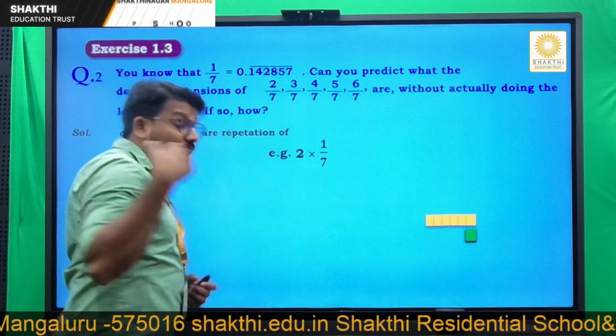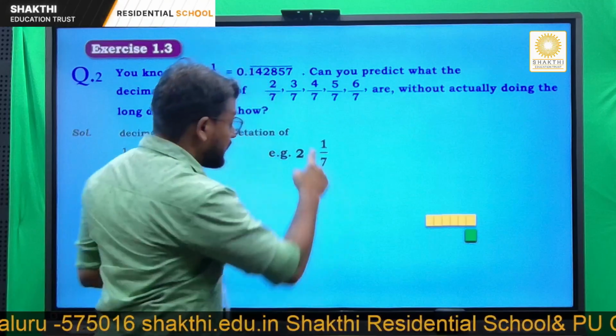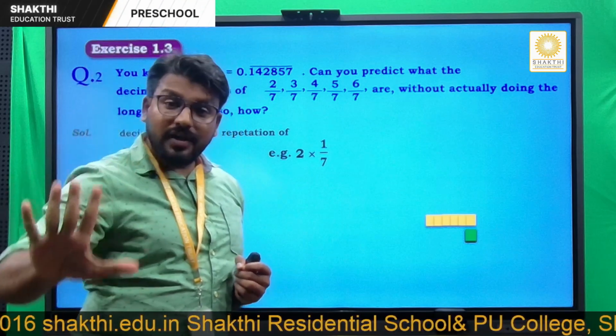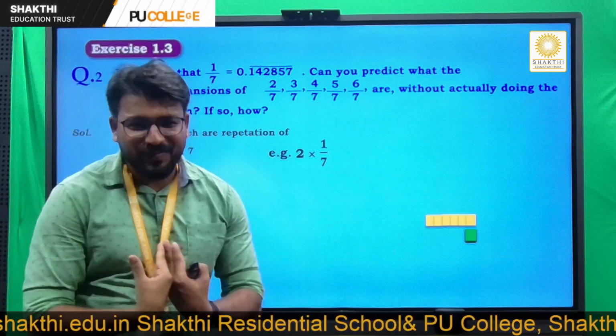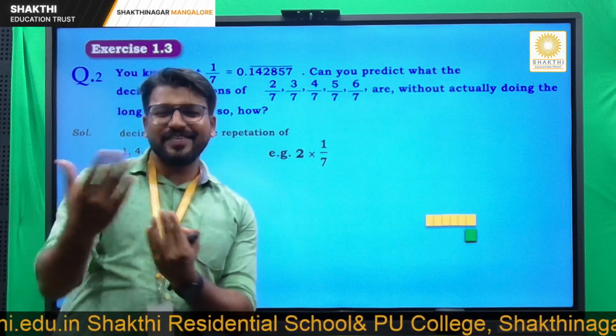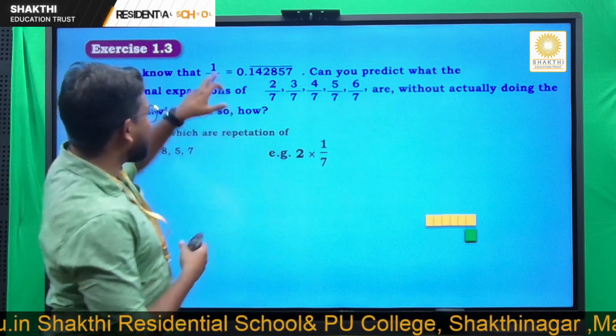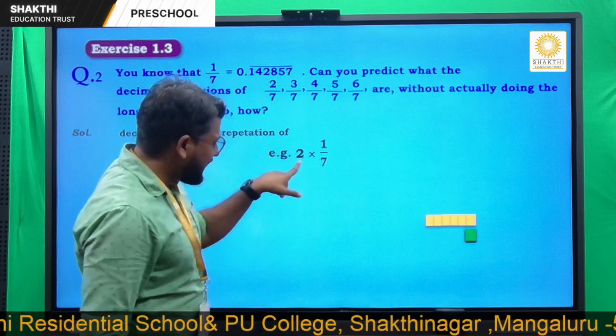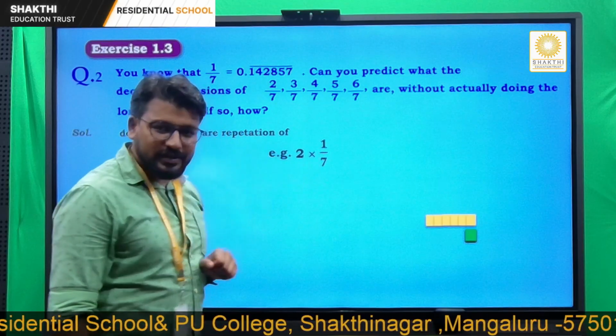Why am I writing it? Because the answer for 1 by 7 is already known to me. It is given in the question, 1 by 7 is given as this number.